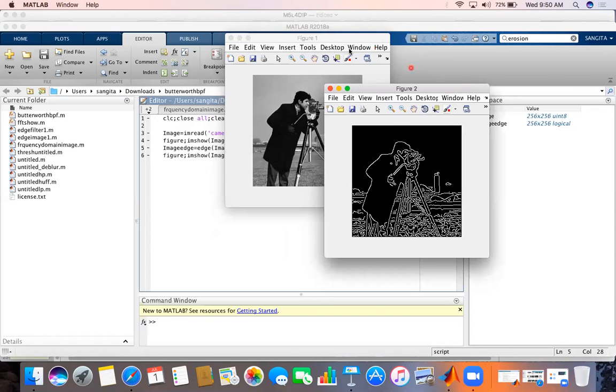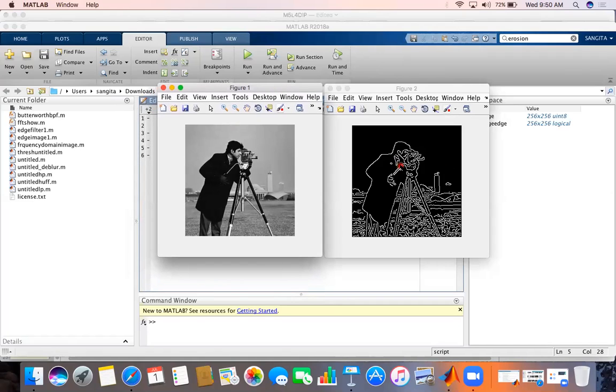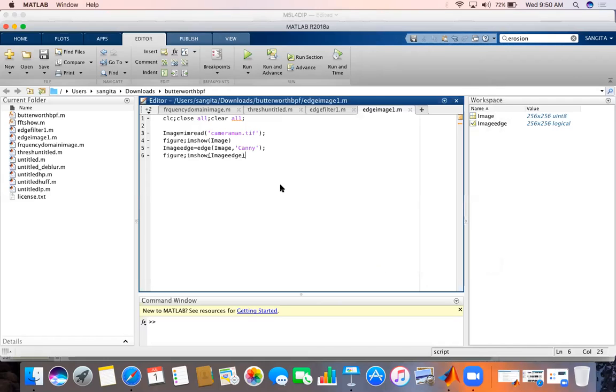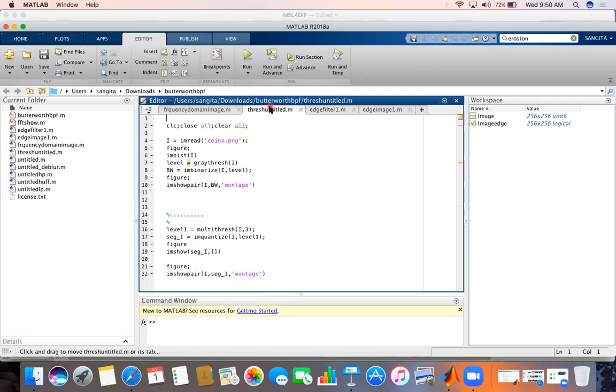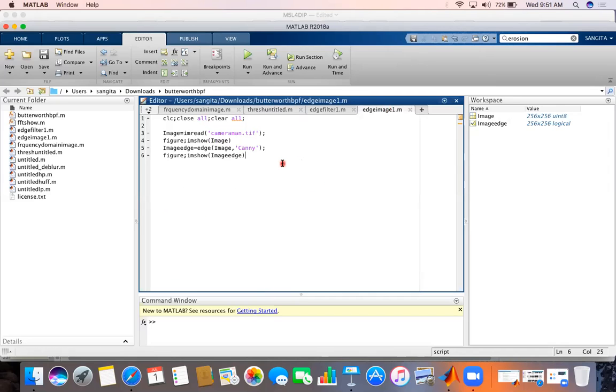So this is the original image and this is the output of the Canny edge detection.